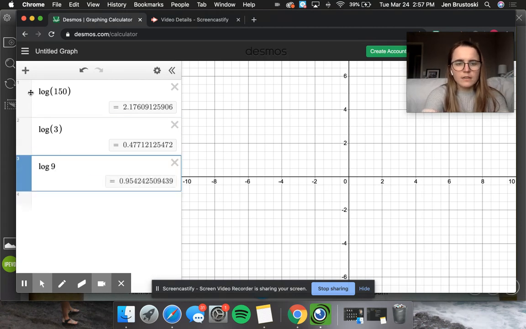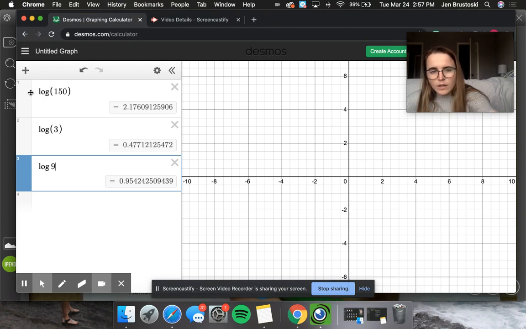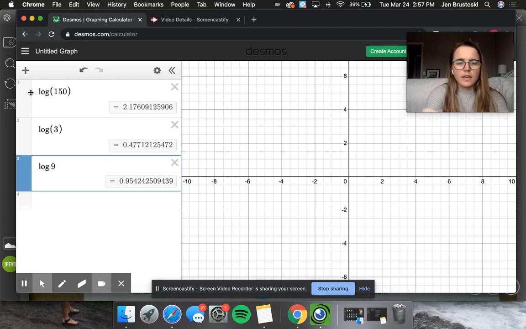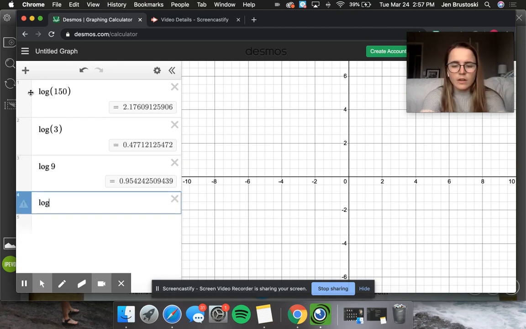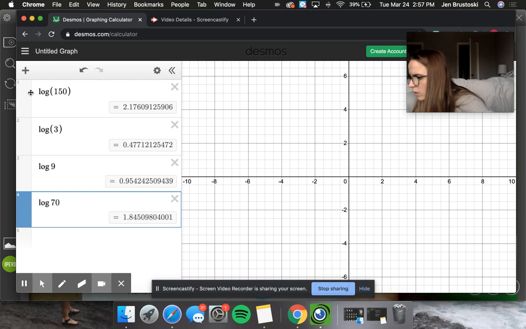Log of 9, you can type without the parentheses, by the way. You get 0.954. And then for this one, log of 70, you have 1.845.